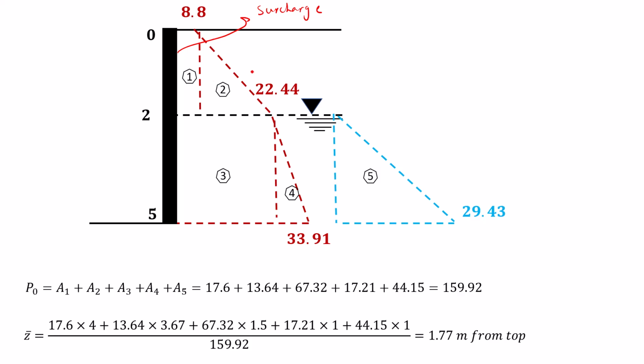Here area 2 shows the effect of gamma 1, and area 3 shows the effect of surcharge and also the dry soil above H equal to 2, and this triangular one, which is area 4, shows the effect of gamma 2, which will be converted to gamma prime because the soil is submerged below H equal to 2.